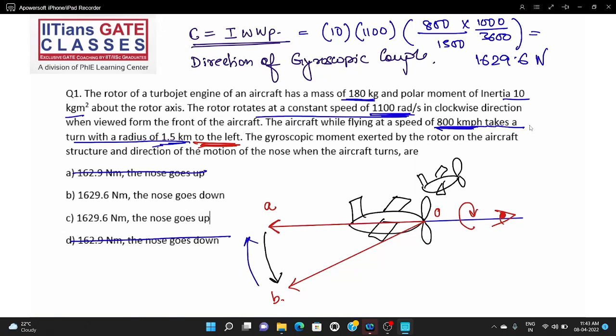From B towards A. So if the reactive gyroscopic couple is from B towards A, then using again the right hand thumb rule, point your thumb in the direction of the vector and curl your fingers. You'll see that your fingers are curling in this direction, right? So this is the reactive gyroscopic couple. So what is this reactive gyroscopic couple trying to do?